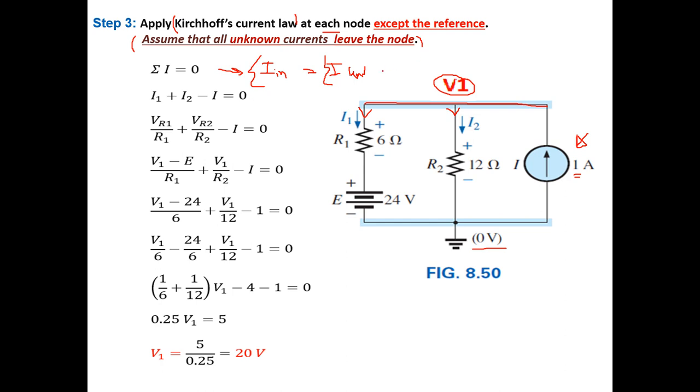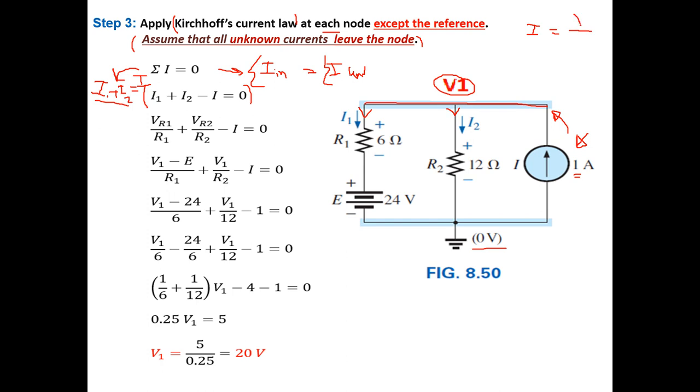So we can write that. The leaving current is I1 plus I2 is equal to the entering current, which is the source current here entering the node. So it will be the source I. So the leaving current, I1 plus I2, equals the entering current, which is I. Or you can take this one to this side, so you will have I1 plus I2 minus I. Now just call your memory from Ohm's law.